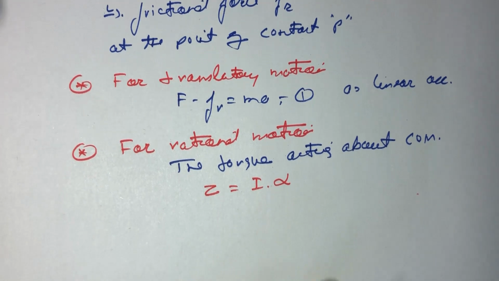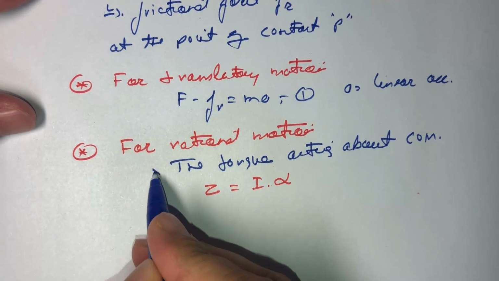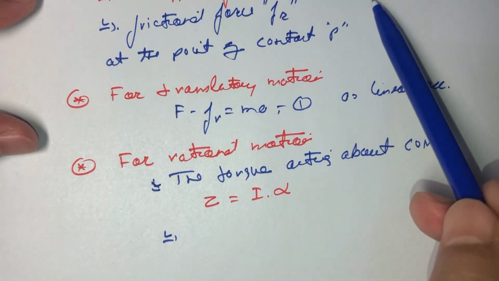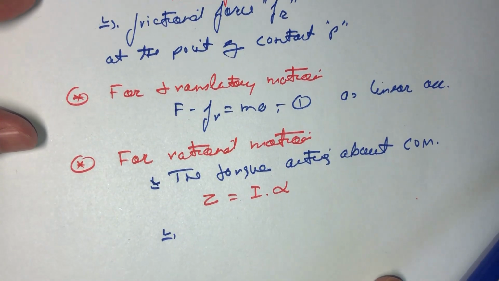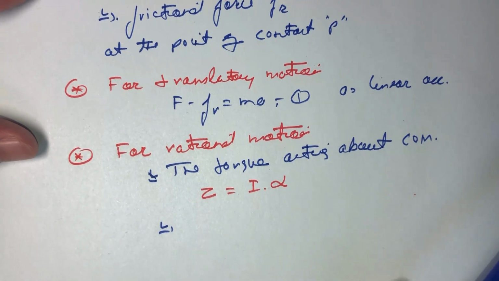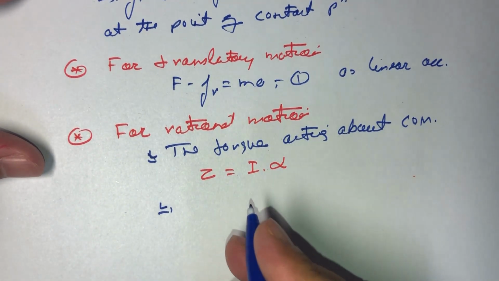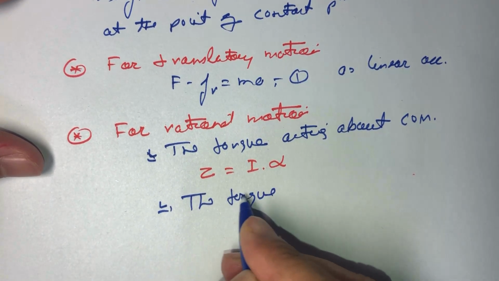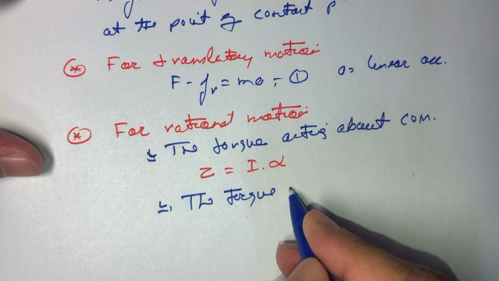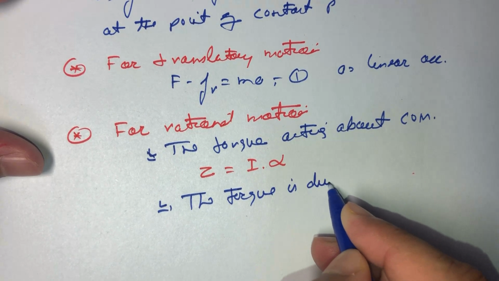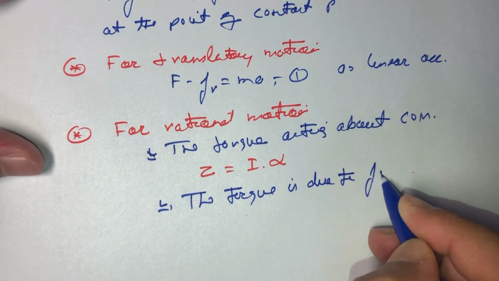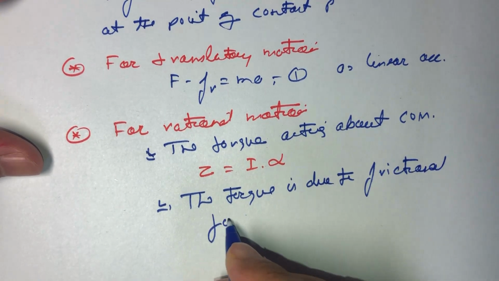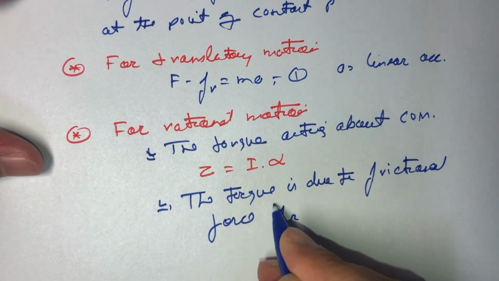And we can also see that this friction will be generating the torque for the angular acceleration of alpha. You can say the torque is due to frictional force Fr.